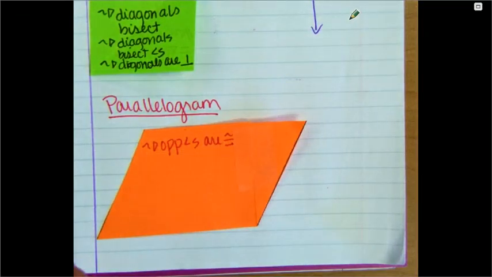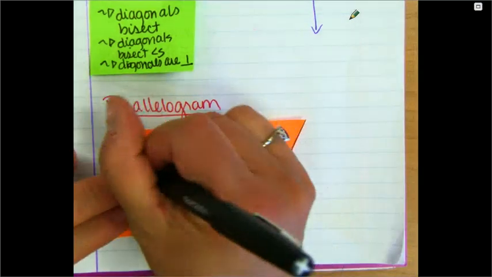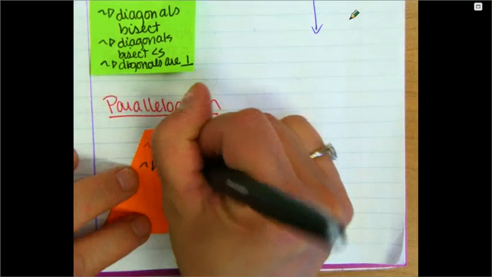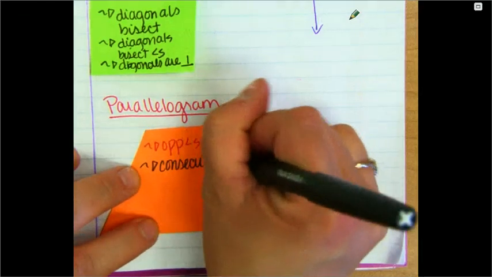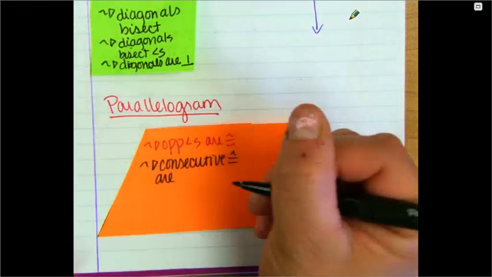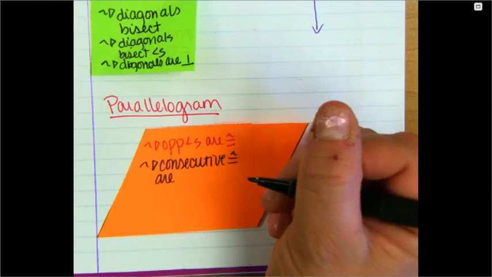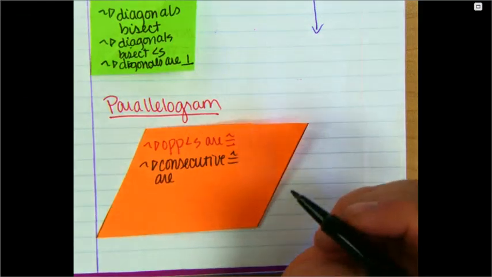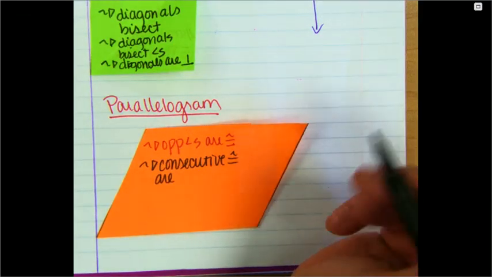Second thing about angles. What's your other angle relationship for parallelograms? Starts with a C. Consecutive angles are what? Supplementary.